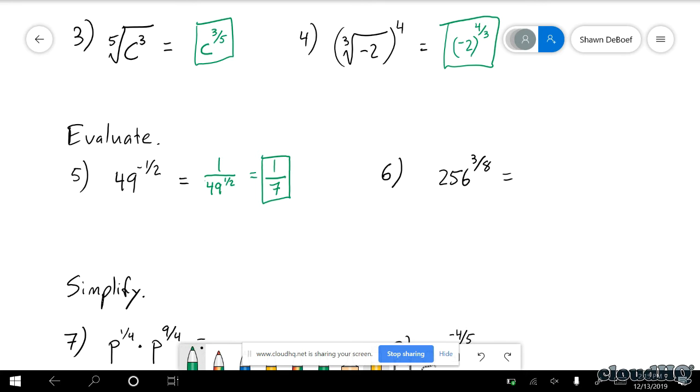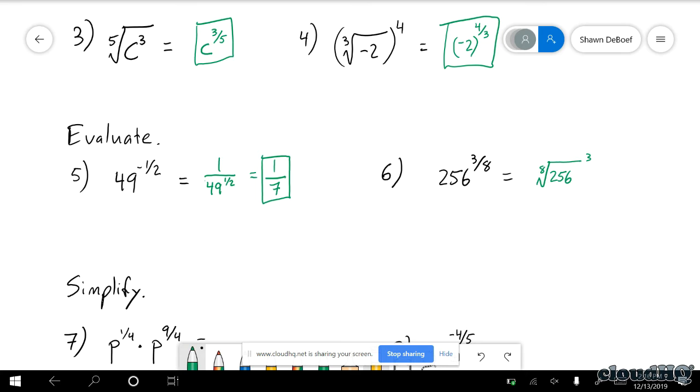But on number 6, we've got some bigger numbers. So on number 6, it might be worthwhile to rewrite it. You might actually want to think of this as the 8th root of 256. And so my question here, does it make more sense to put the cube directly on the 256 or on the entire radical?